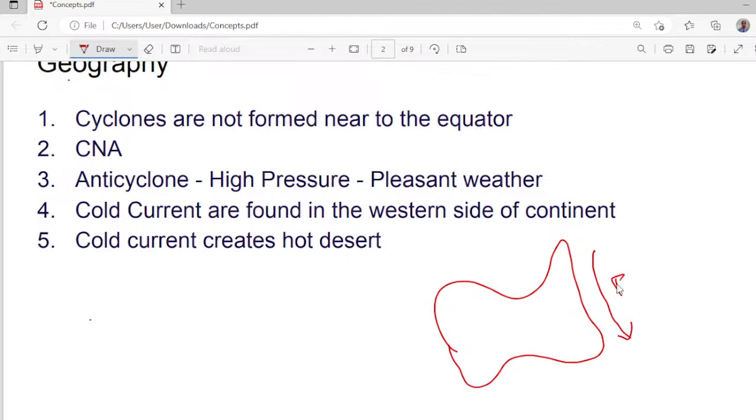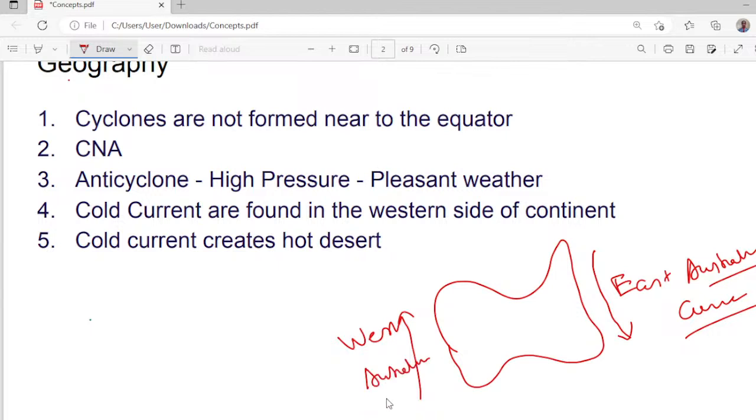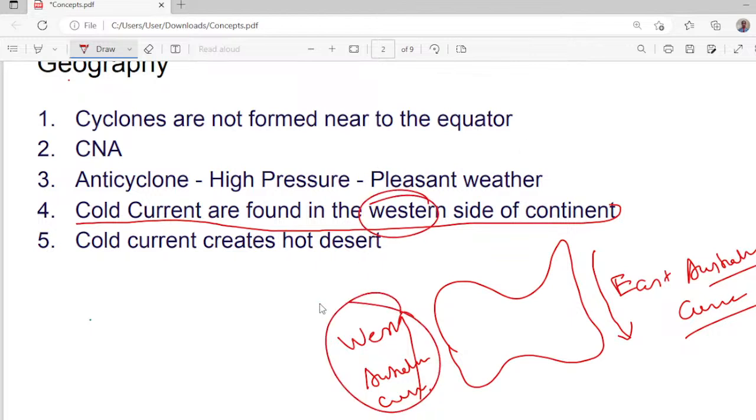This side is known as the East Australian current, an ocean current. This side I have one ocean current known as the West Australian current. Only by knowing that cold currents are found on the west, I need not worry whether it is the east or west current that is cold. Cold current means west area, so it is the West Australian current, coming from the poles.